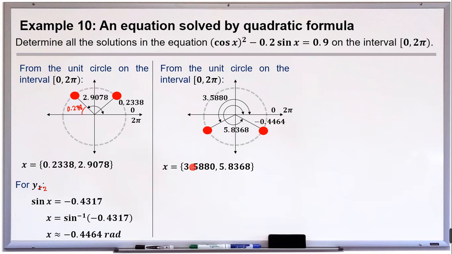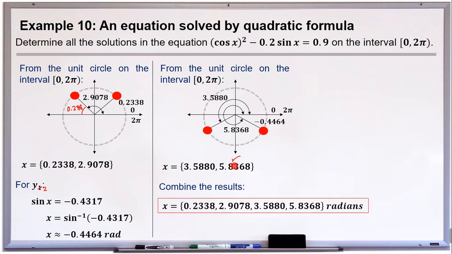So the values of our x are 3.5880 and 5.8368. By the way, 5.8368 is still included in the interval because 2 pi is roughly equal to 6 point something. So this one is still okay.